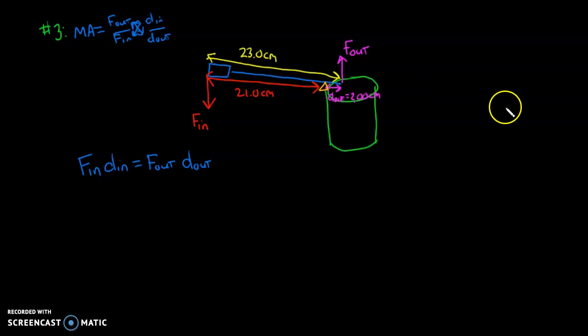Now, just as a side note, if I redraw it, I have my fulcrum here, I have my output force, or my load on this end, and my input force on this end. What type of lever would this be? This is a first class lever with the fulcrum in the middle.